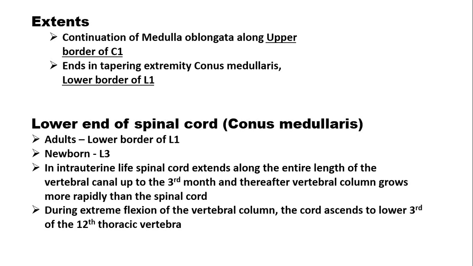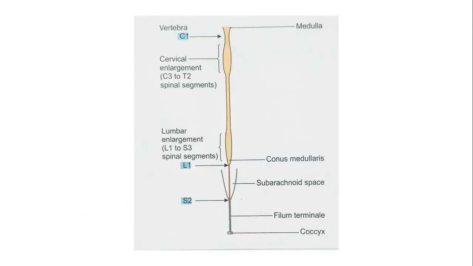Spinal cord is a continuation of medulla oblongata. It extends from the upper border of the first cervical vertebra to the lower border of the first lumbar vertebra.